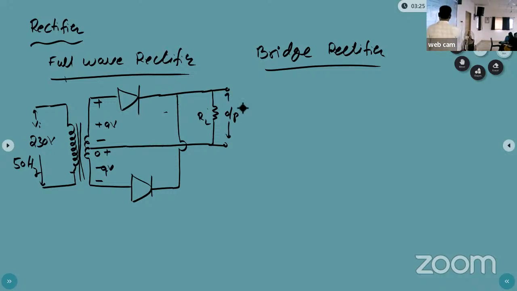Listen carefully, this waveform is like this, and the other waveform is negative, positive. This diode is D1, and this diode is D2.